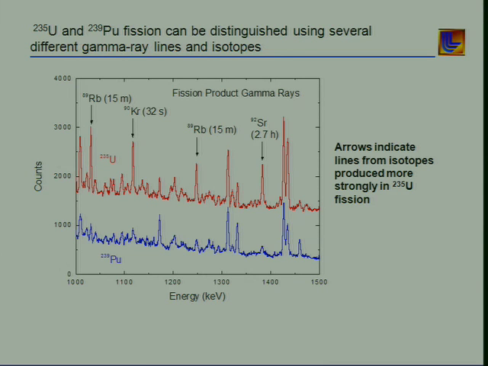There's lots of information contained in these spectra, a lot of which is classified. But you can also figure out the energy of the neutron that caused the fission. So if you were trying to figure out whether this was a hydrogen bomb type device or a crude nuclear fission device, by looking at these kinds of spectra, you can actually figure that out. Because again, there's a different distribution of fission products produced by 14 MeV neutrons versus low energy neutrons.